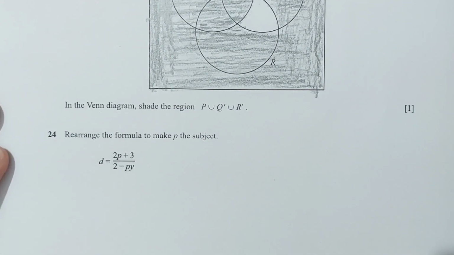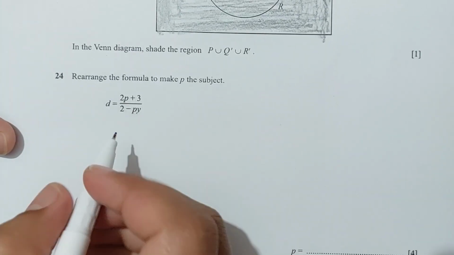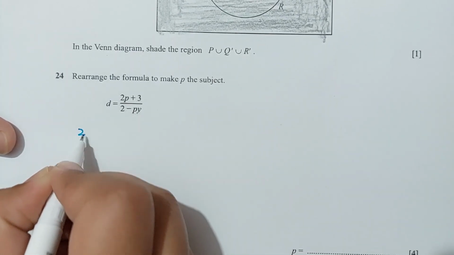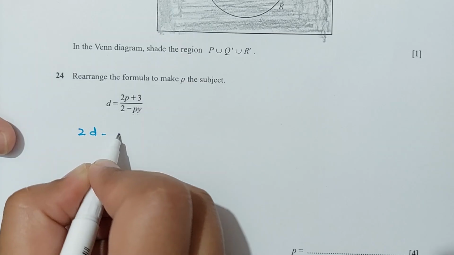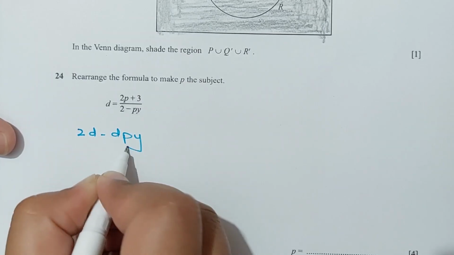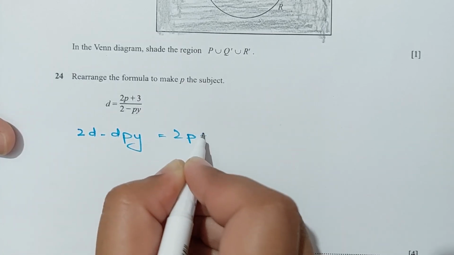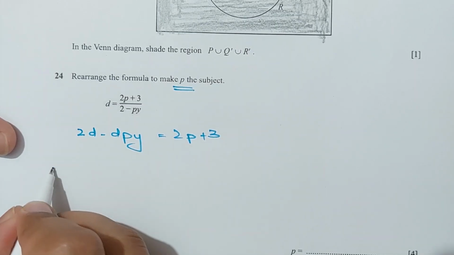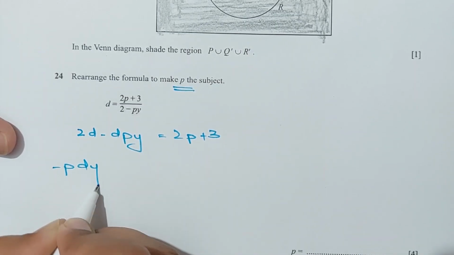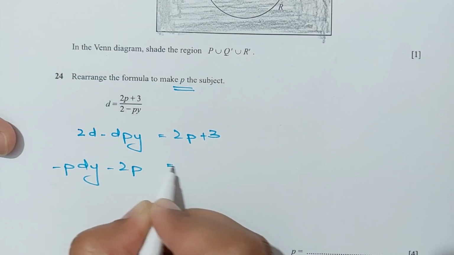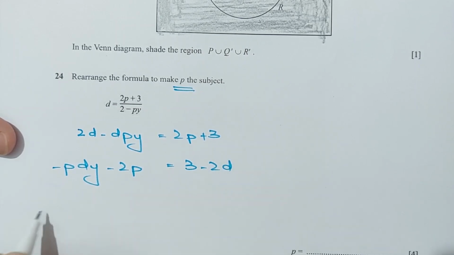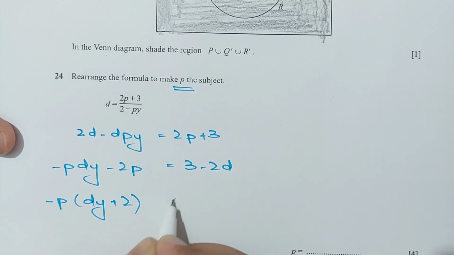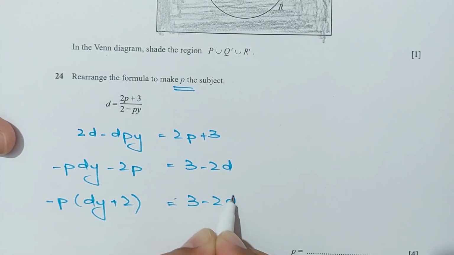Rearrange the formula to make P the subject. Okay. Cross multiply: 2d minus dpy equals 2p plus 3. You have to make P the subject, so shifting the P terms to the left: minus dpy minus 2p equals 3 minus 2d. Negative p is common: dy plus 2 is 3 minus 2d.